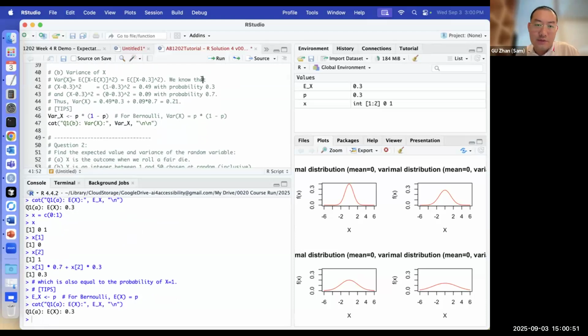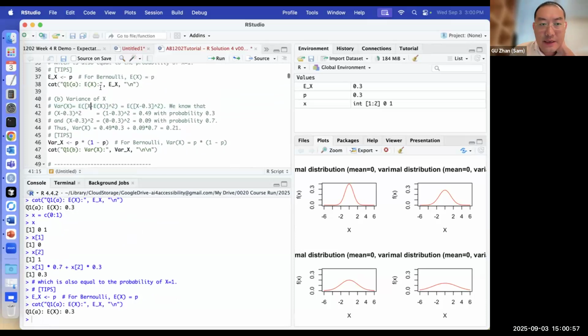Variance, again, we use this formula. X minus expected X. Expected X is 0.3, right? Then square it, sum them together. So 1 minus 0.3 squared is 0.49, and when X equals 1, it has a probability of 0.3, so we multiply.